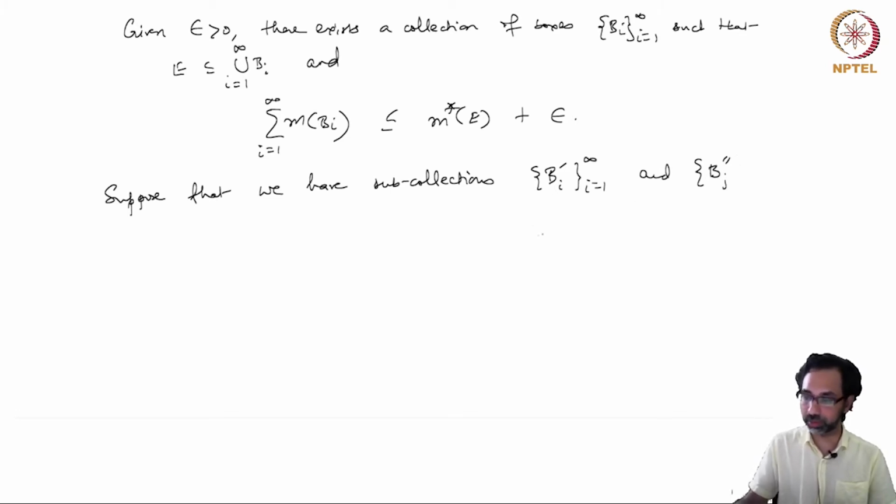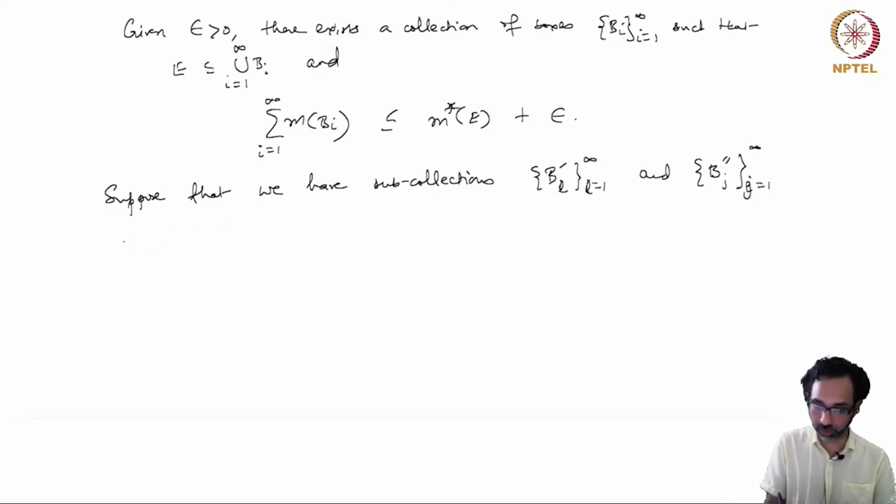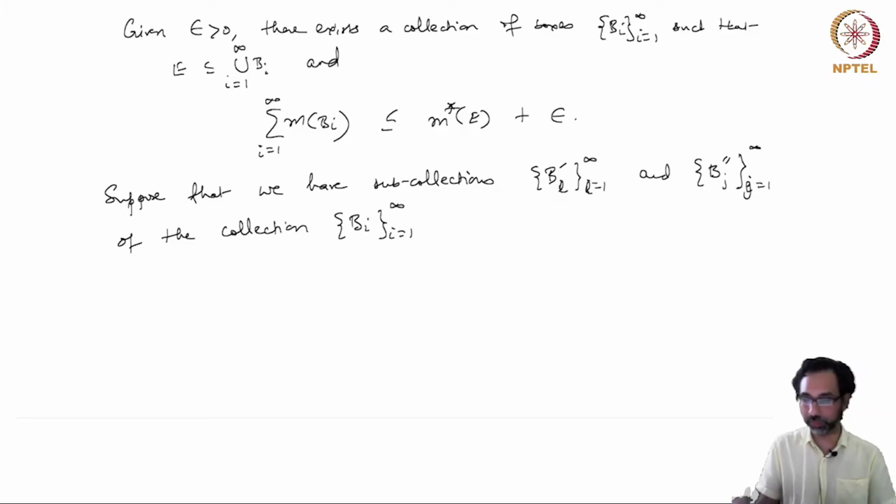To distinguish the indices, I will write l for the first one and j for the second one, j equal to 1 to infinity. These are subcollections of the original collection Bi, i equal to 1 to infinity. So each of these Bl prime and Bj double prime is one of these Bi's.